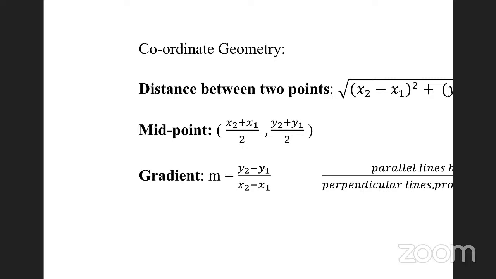Let me see if you remember anything. Malachi, what do parallel lines have in common? Equal gradients. Perpendicular lines? Very good, both gradients multiplied to give you -1.